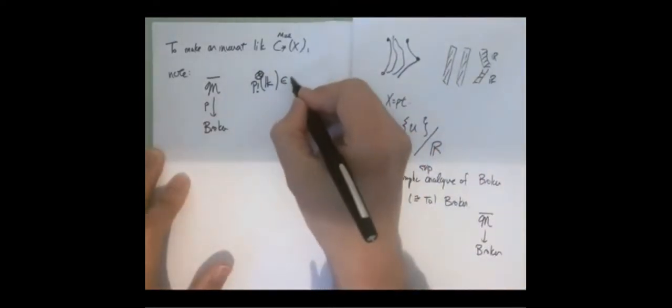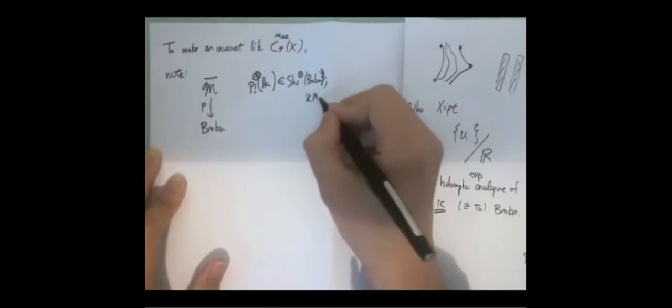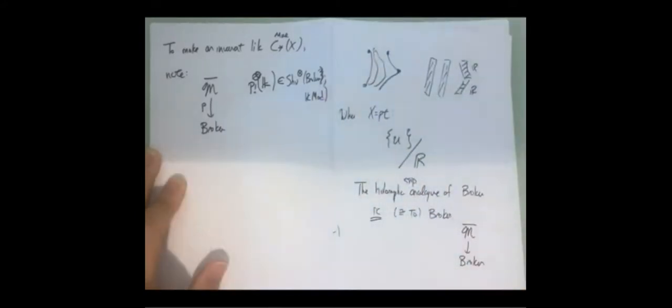This is going to be a factorizable sheaf on broken, say in K modules. K could be an honest ring, it could be a ring spectrum, it could be the sphere spectrum.